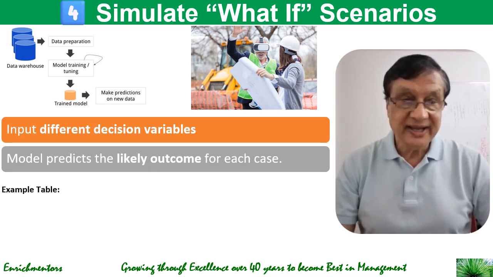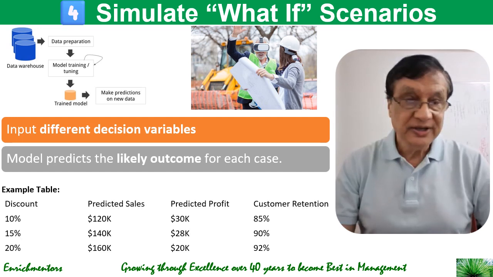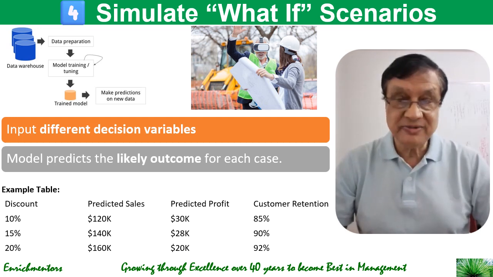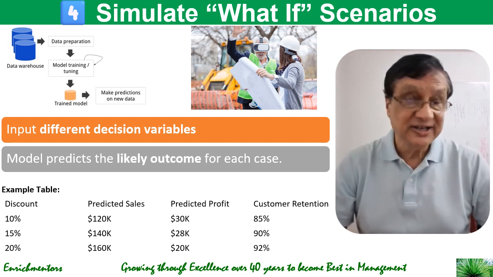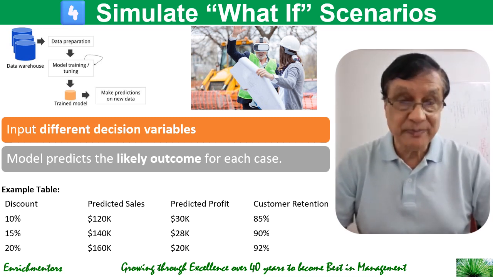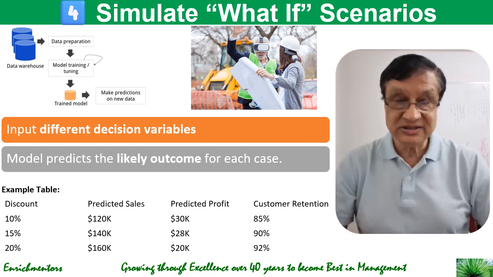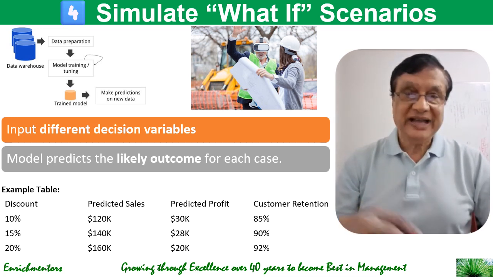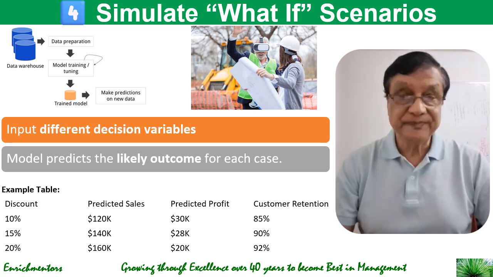An example of this would be, at a 10% discount, the predicted sales is 120K, predicted profit is 30,000 US dollars, and customer retention is 85%. Whereas at the other end of the spectrum, a 20% discount, you have predicted sales of 160K, profit of 20K, and customer satisfaction of 92%. So that's the what-if scenario simulation.